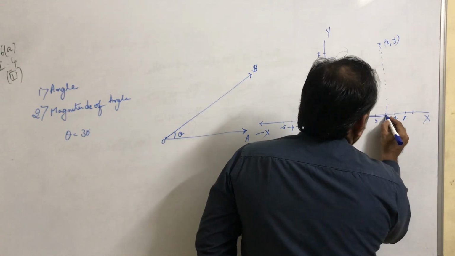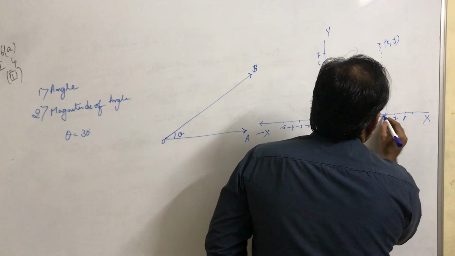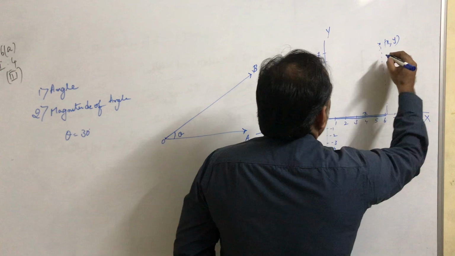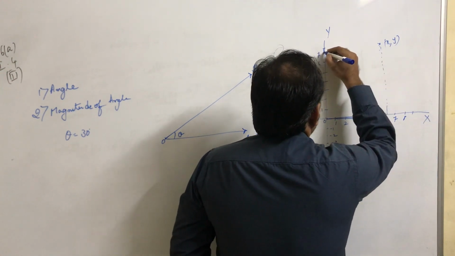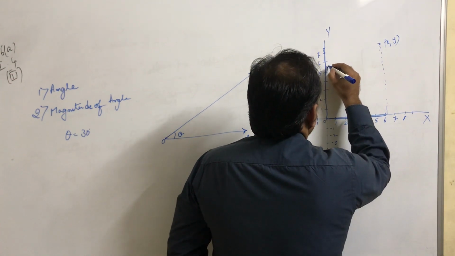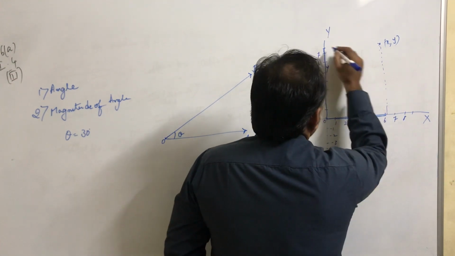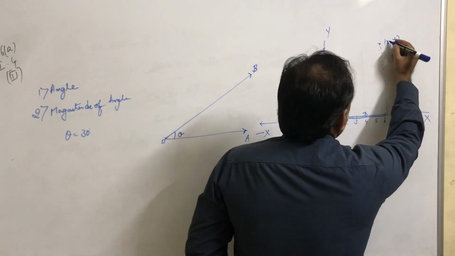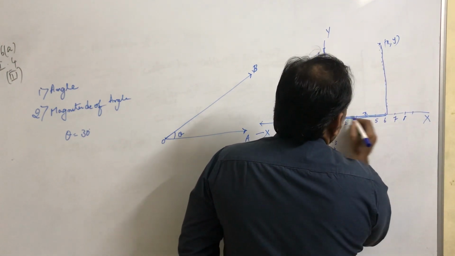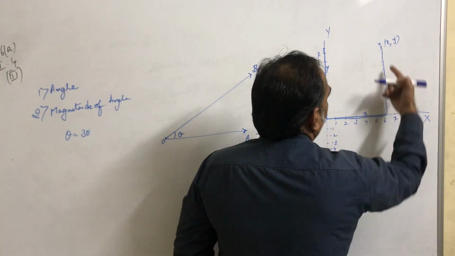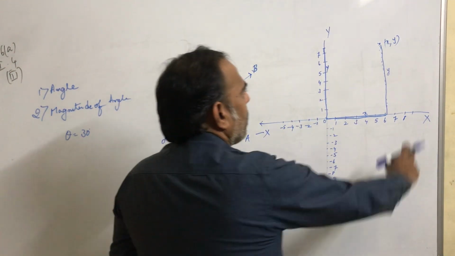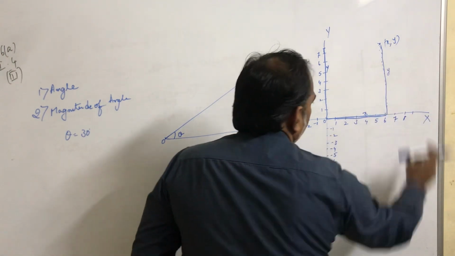We need to pass x units along the x axis, and this is y. We need to traverse y units along the y axis. The intersection of these two is represented with xy. So we traverse x units along the x axis and y units along the y axis. That is the meaning. So in the first quadrant, this is represented as xy.